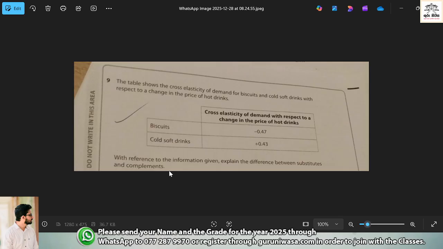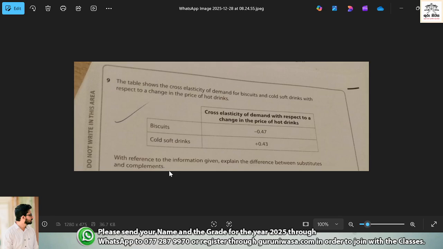Inelastic, okay. I mean, what are the two products according to this example? When calculating the 0.47 elasticity, what are the two products that should be considered? Biscuits and hot drinks. Very good.